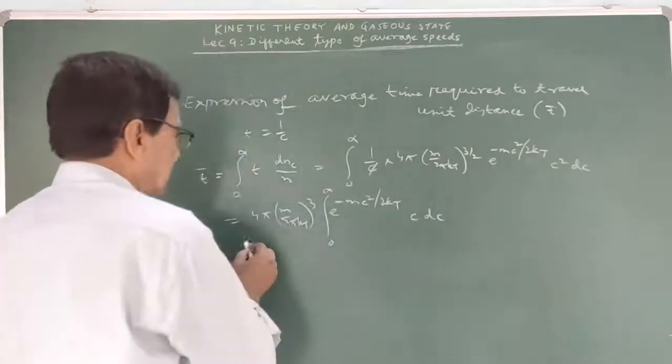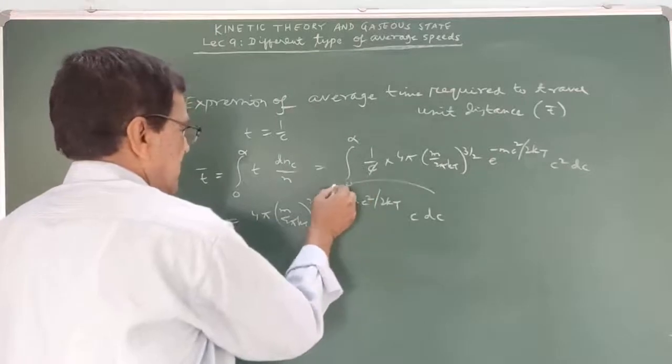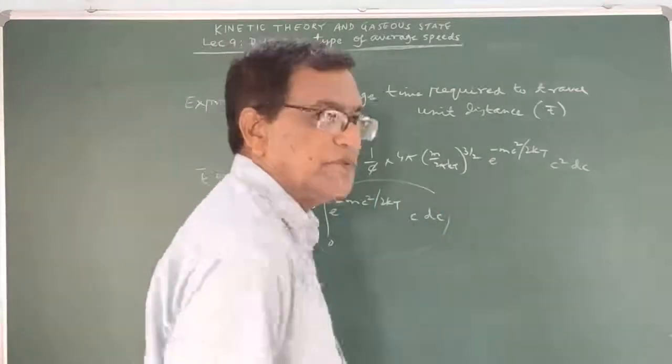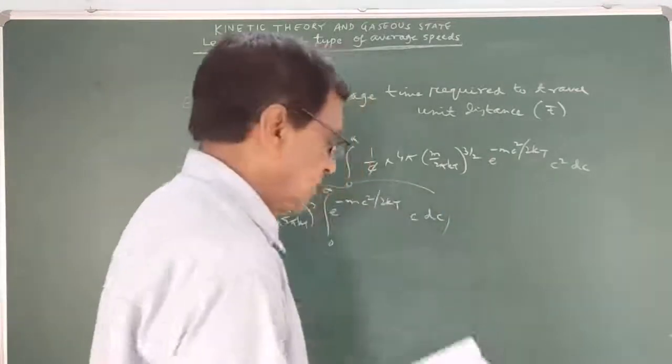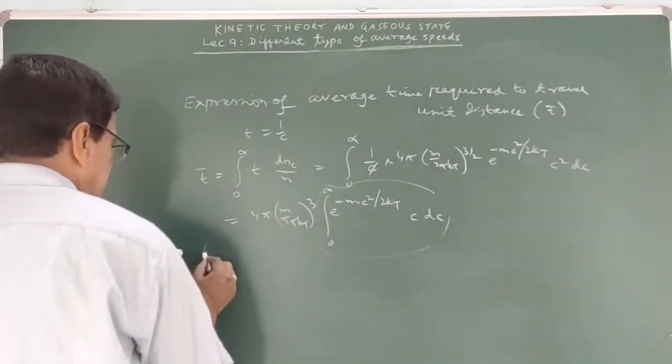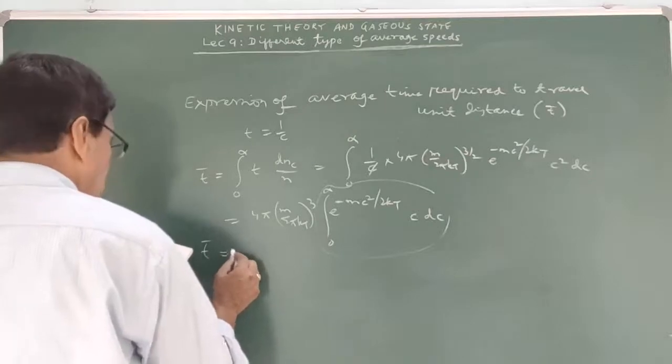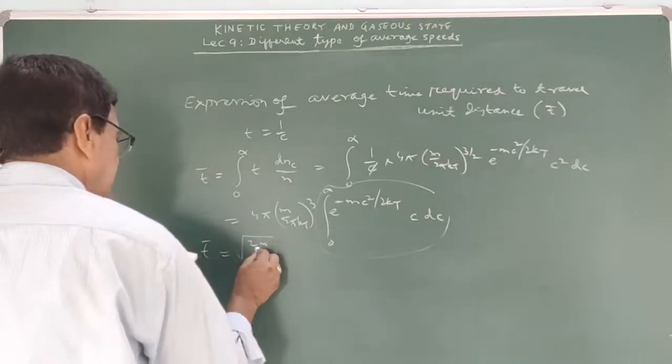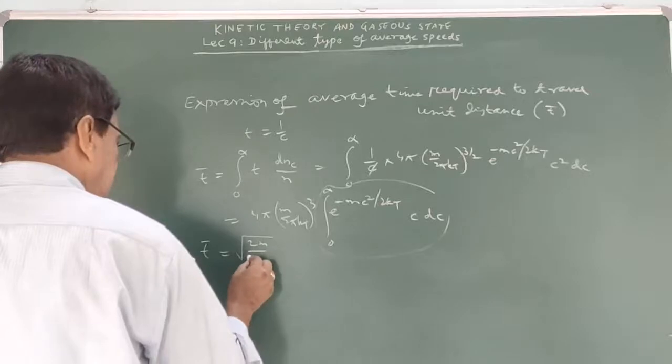You can also calculate the standard integration by means of this gamma function, and in total expression you will get this T bar equal to root over of 2m by pi kT.